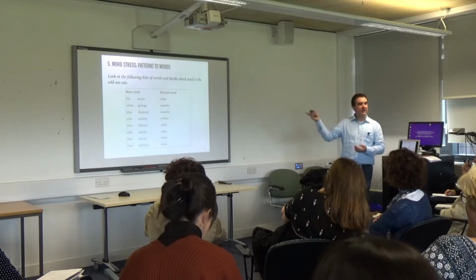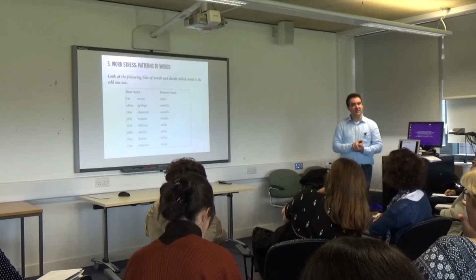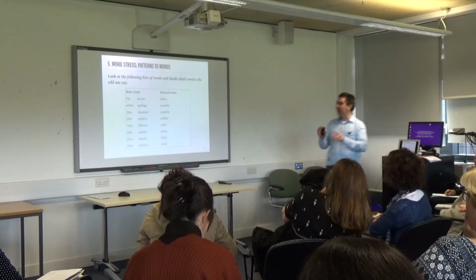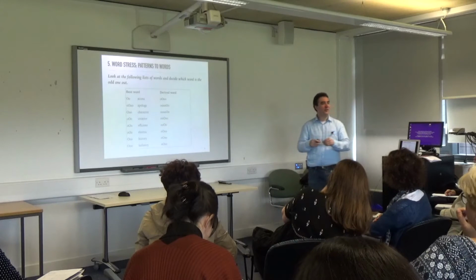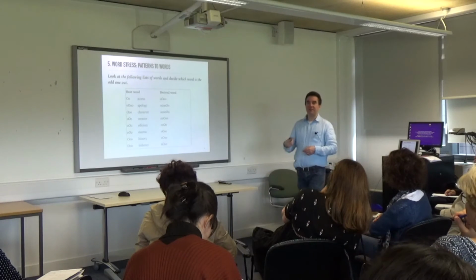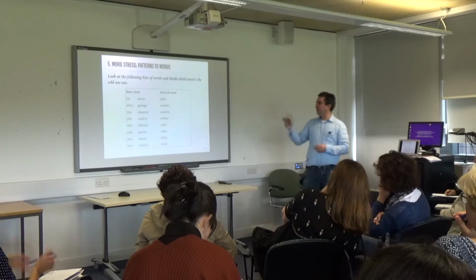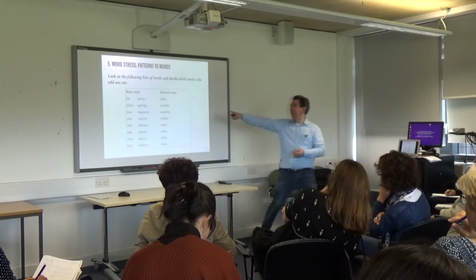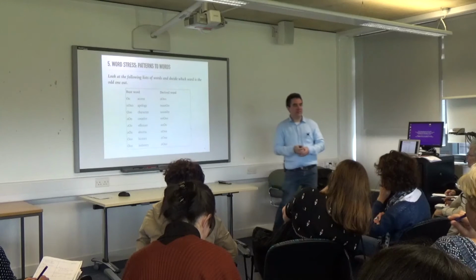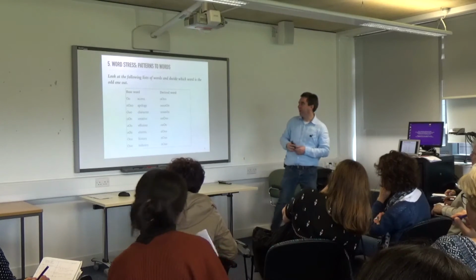Now, this was the activity I was talking about when I tell students, don't worry about the meanings of the words. I want you to focus on the sounds and the stress of the words, okay? So, for example, we've got access, and what's the derived word? Accessible, accessible.